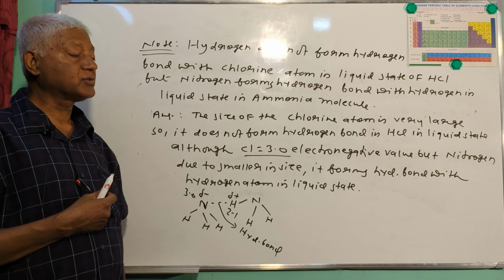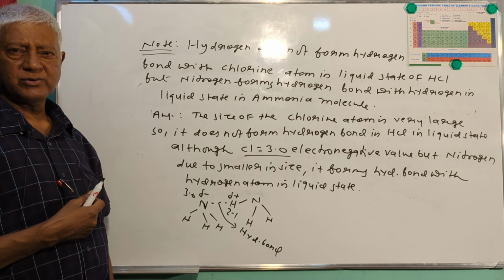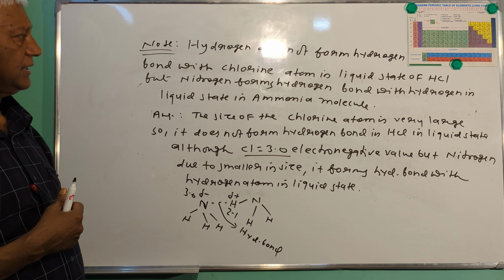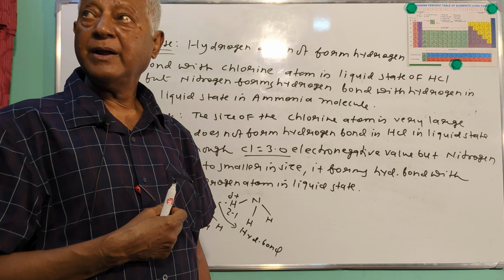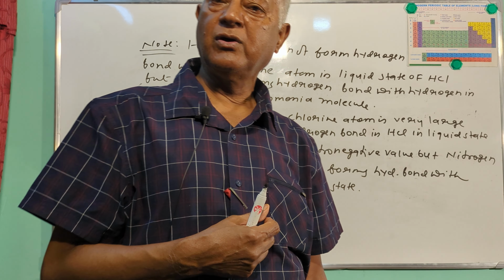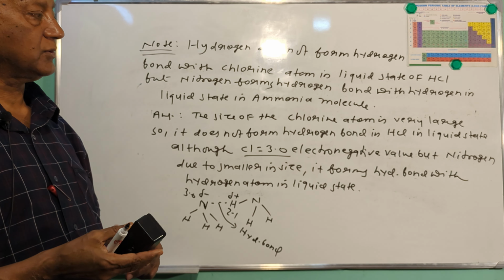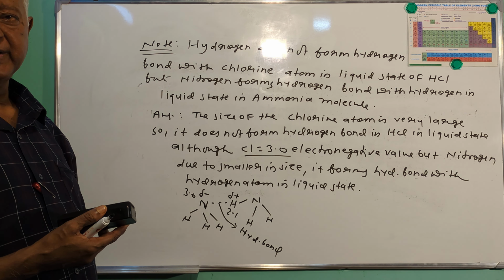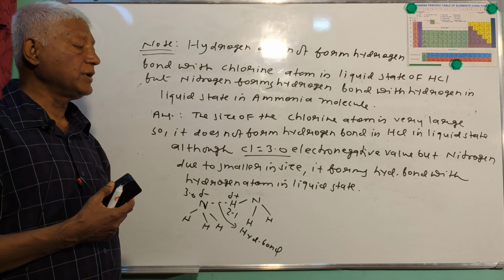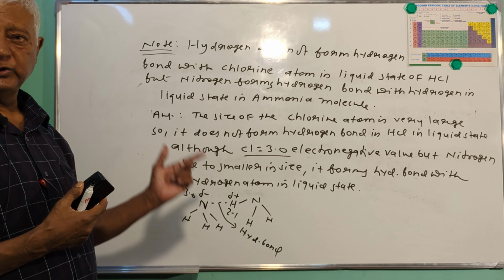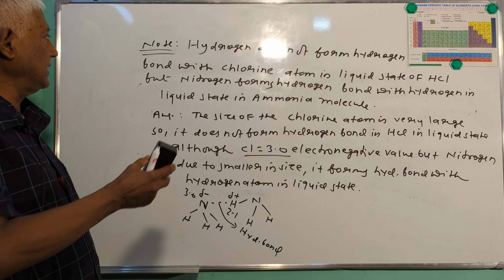So chlorine does not form hydrogen bond. So I think we are clear why ammonia forms hydrogen bond with hydrogen in liquid state, but chlorine does not. Why? Due to large size.